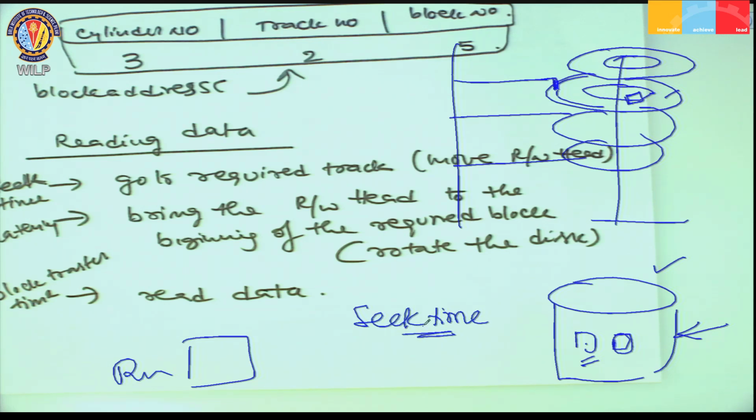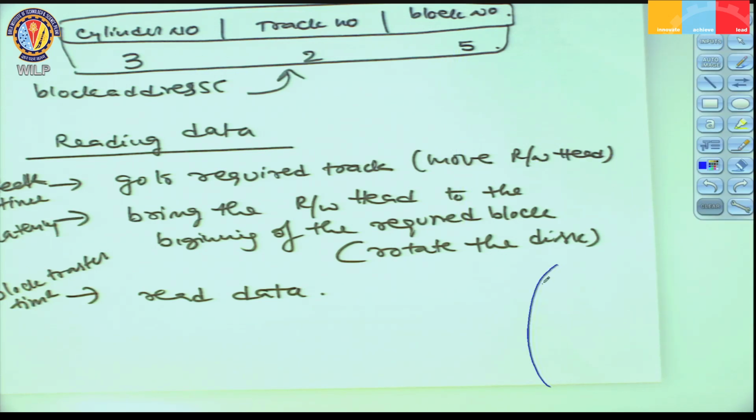All these things are specific to the hardware. Then after reaching the required track, it is not over. Immediately after reaching the track, I cannot start reading the data, because the track is divided into blocks. Suppose the read write head is available here after moving to the required track, and let us assume that my data begins in this block.